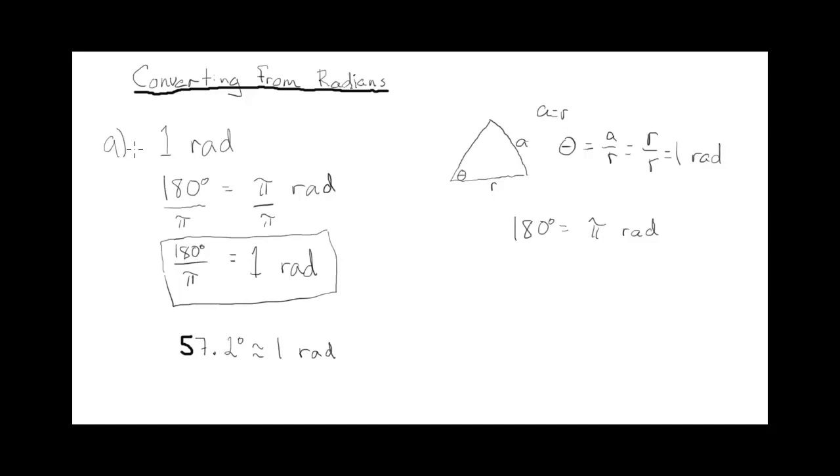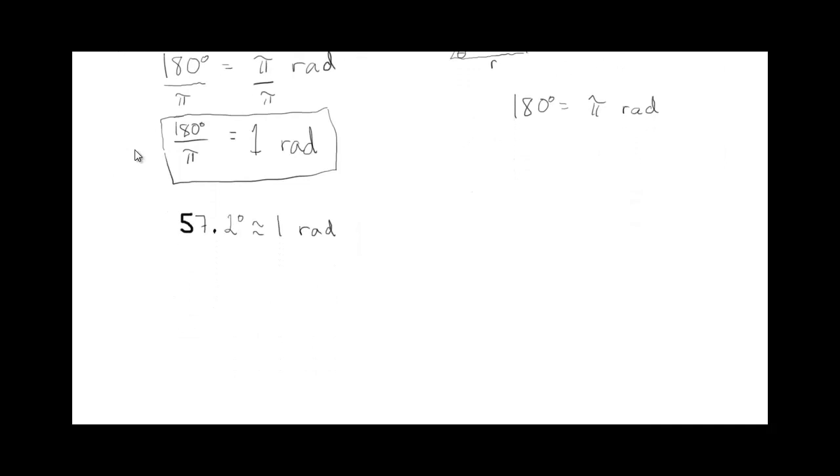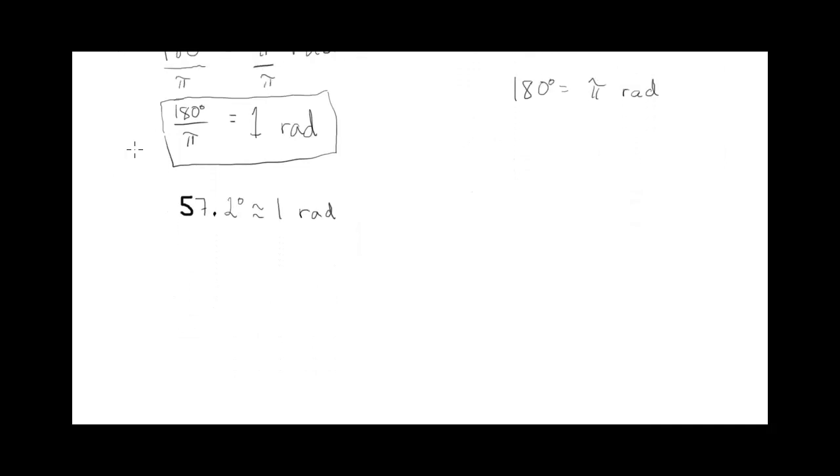It turns out the value is pretty close to 57.2. It's actually 57.2957, a non-repeating decimal. So about 60 degrees, a little bit less, but the exact value is 180 over pi, and this is the equation we're going to remember. It's useful to remember that 180 over pi is equal to 1 radian, which just comes from the equation 180 degrees equals pi radians.